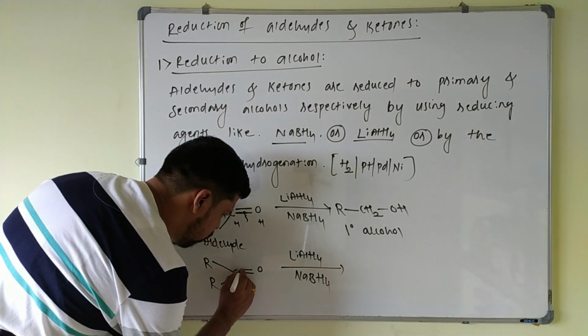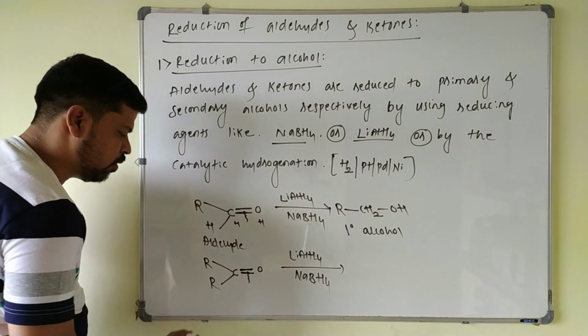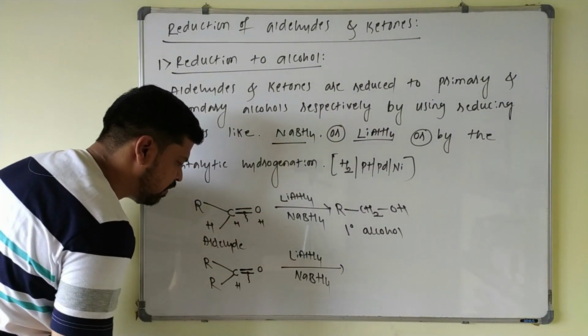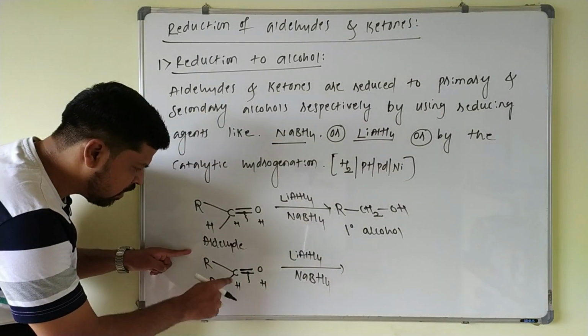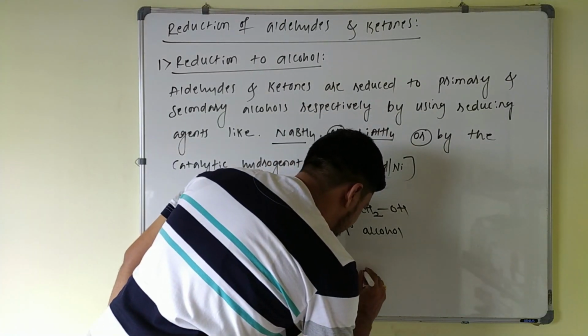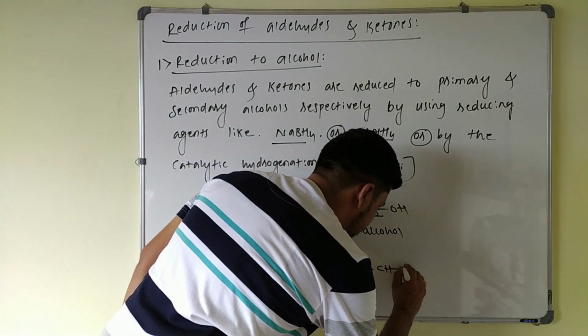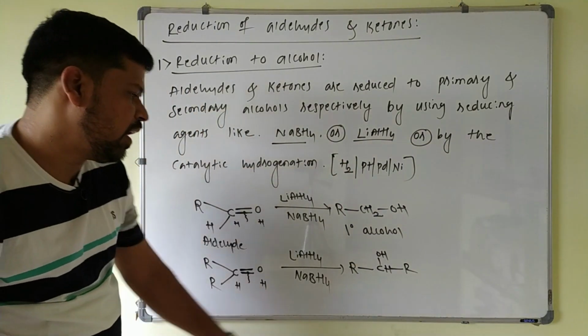Secondary alcohol. Here you break only the pi bond, you add one hydrogen to carbon and one hydrogen to oxygen. This becomes RCHOH, again R, a secondary alcohol RCH, this will be OH, and this will be again an alkyl group.